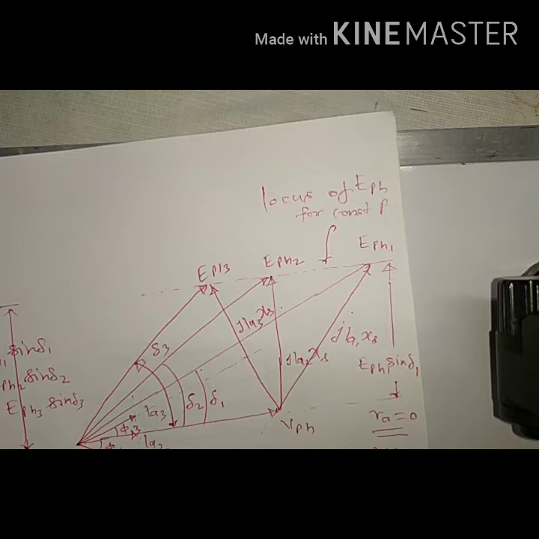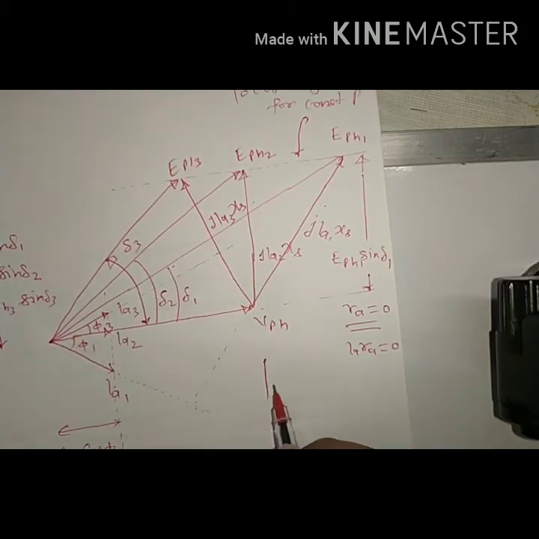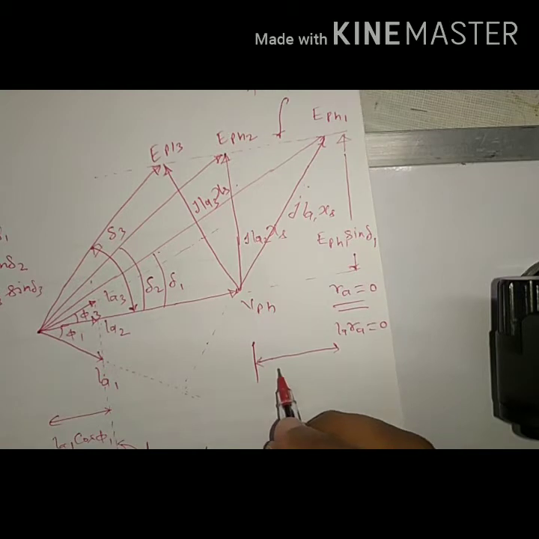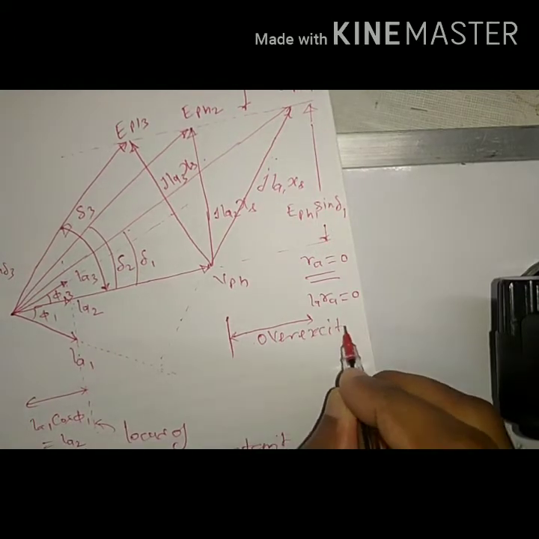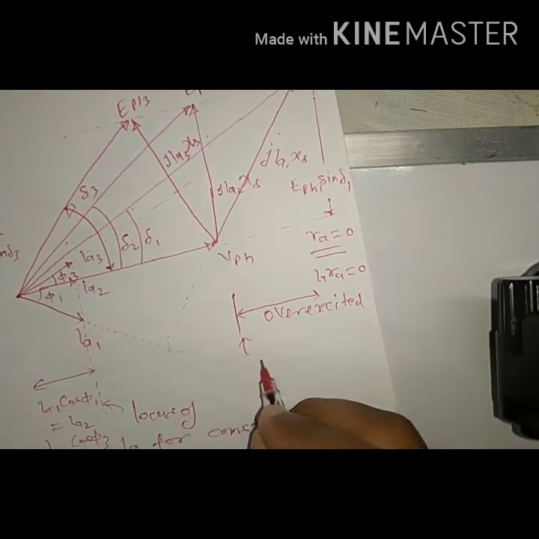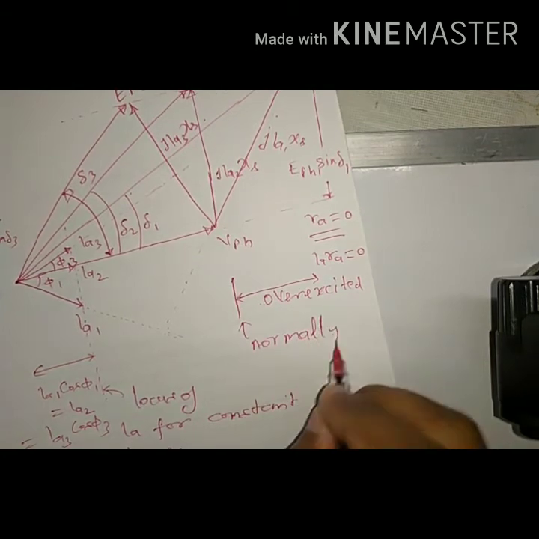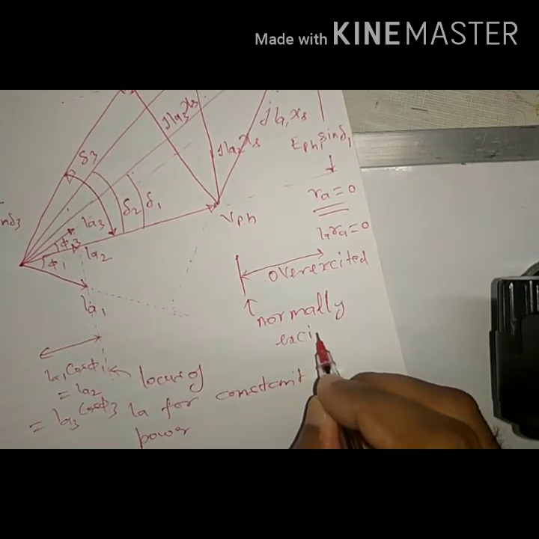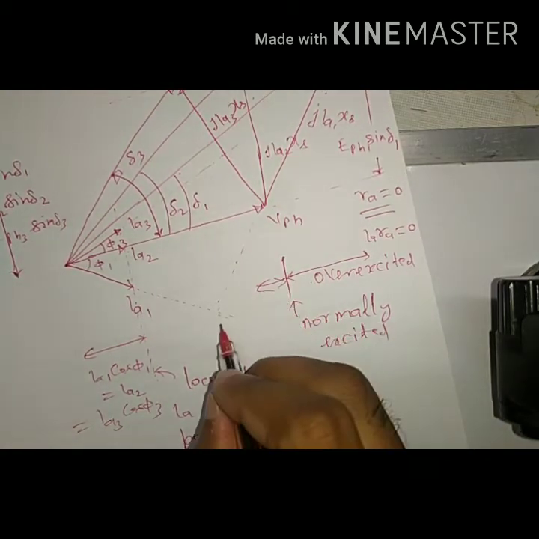So if I distribute this zone, this zone belongs to overexcited, so alternator here is overexcited, here it is normally excited, and here it is underexcited.